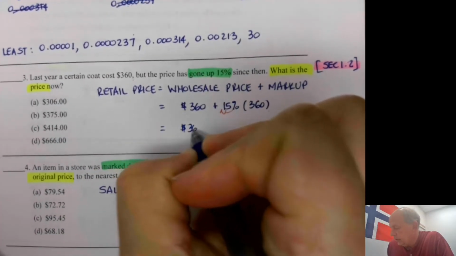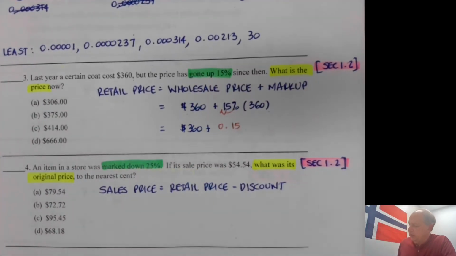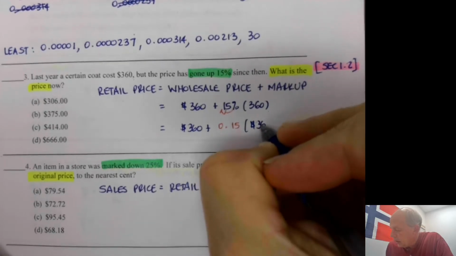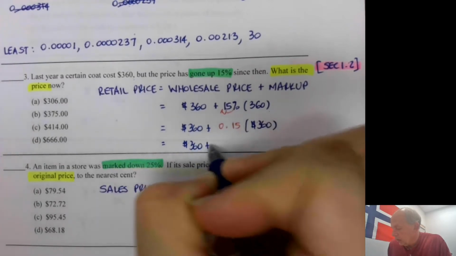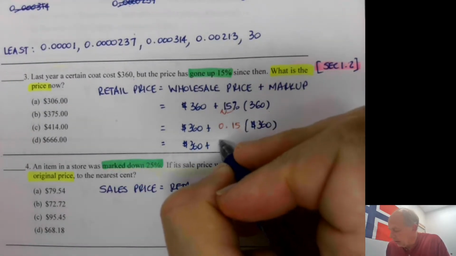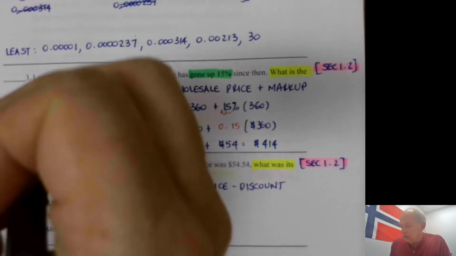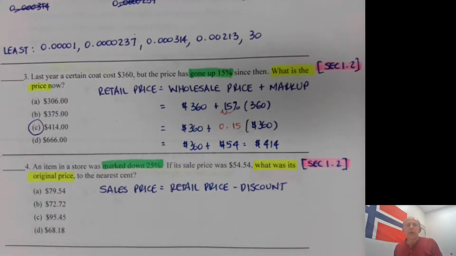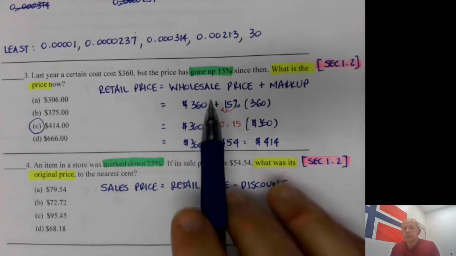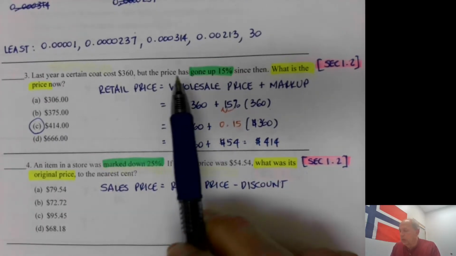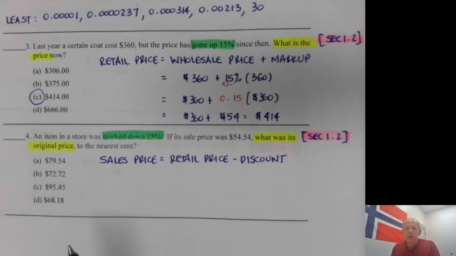So I have 360 plus 0.15 times 360. That's the markup, or the increase of the coat's price. 360 plus, when I multiply that, I get 54. The new price of the coat is $414. So there that problem is from start to finish, starting with the right formula. And where people struggle sometimes is they don't know what formula to go for. But whenever you see the words gone up, wholesale, markup, that's the formula you go with.